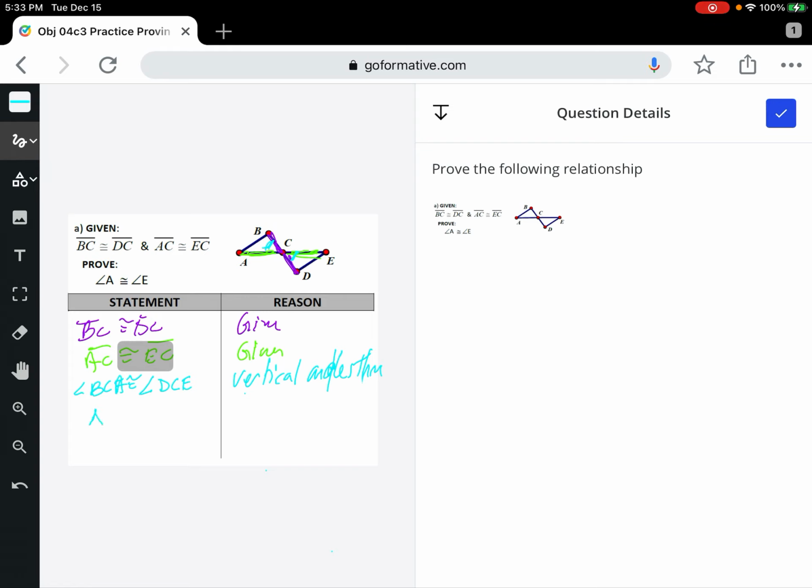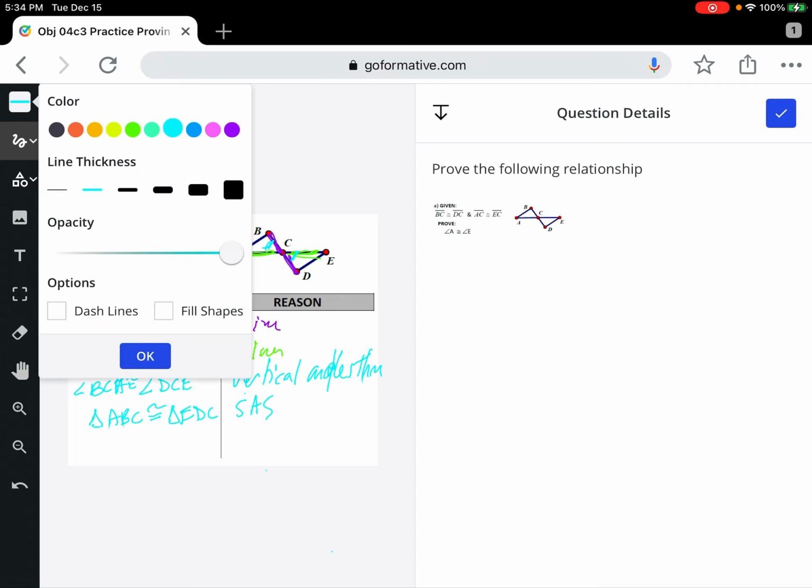That gives me enough information to say triangle ABC is congruent to triangle EDC, where A corresponds to E, B corresponds to D, C to C, by side, angle, side, because the angle is included.